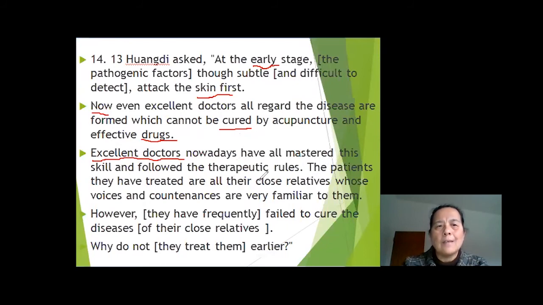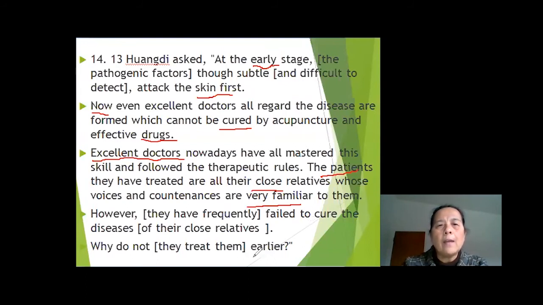So that's to say, the doctors and the patients have a pretty close relationship with each other. They meet each other and look like family members. They are so familiar with each other. But why does the illness become this severe, so that they say they couldn't treat it?